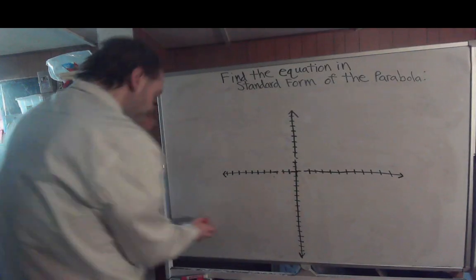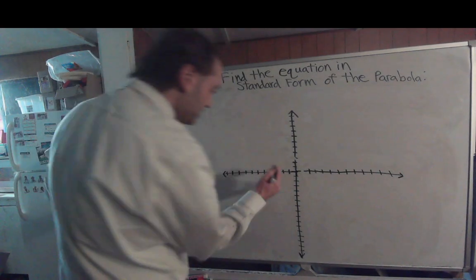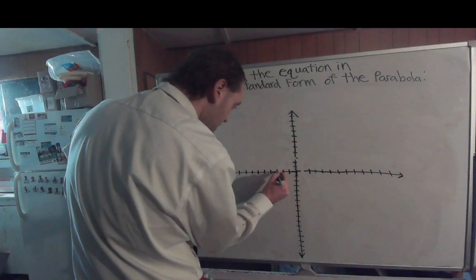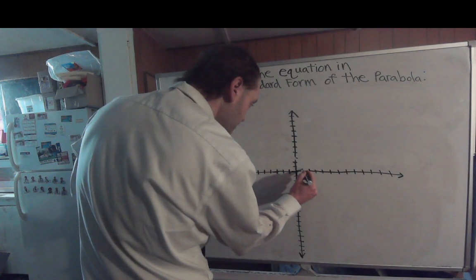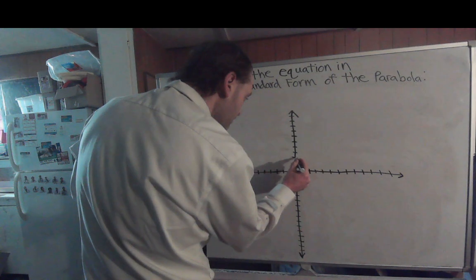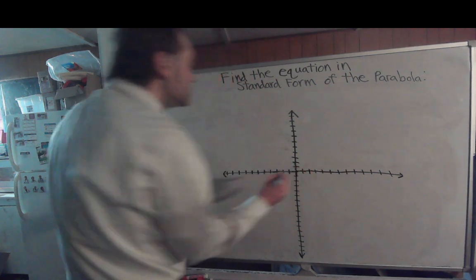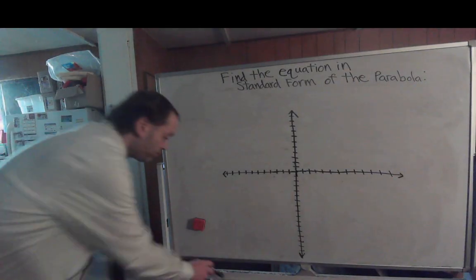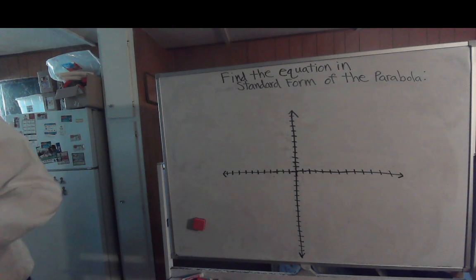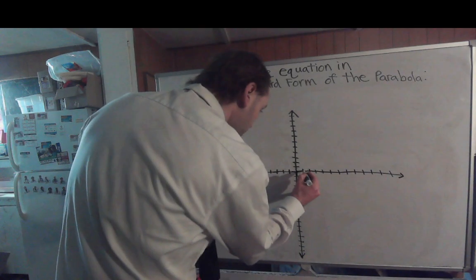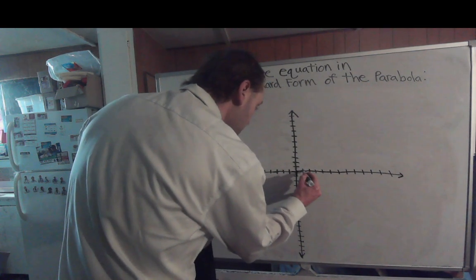Right. Let's redraw this a little bit here. So let's see, we have another parabola. This time the vertex is located at 1, 0. It's at 1, 0.